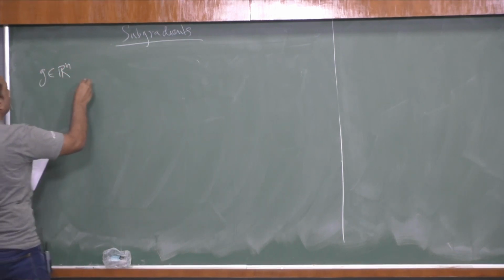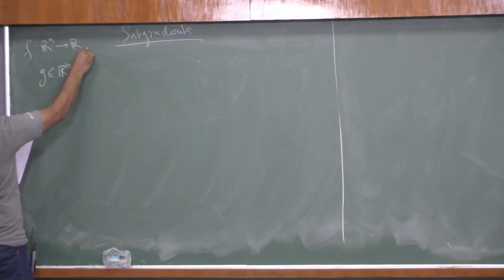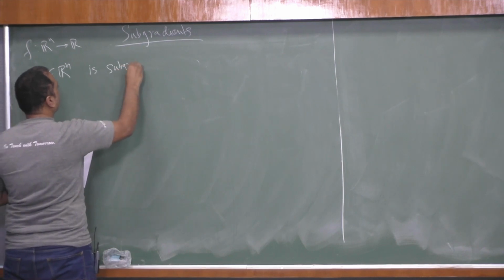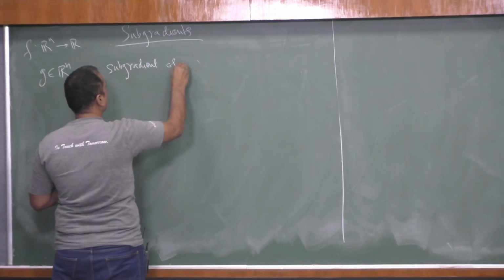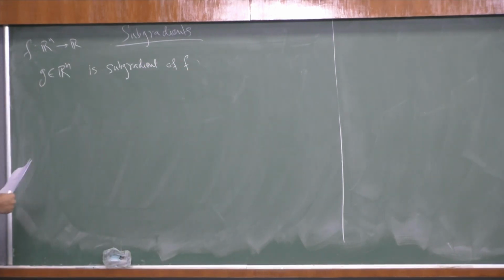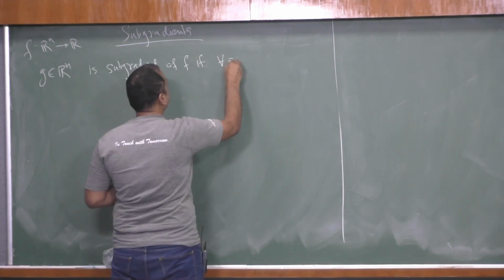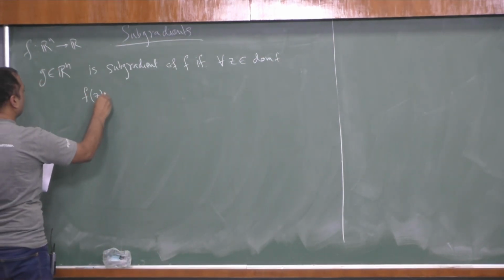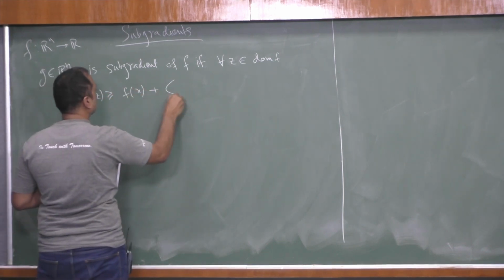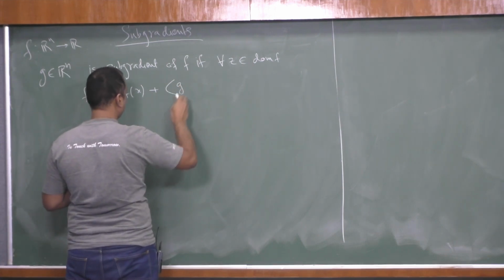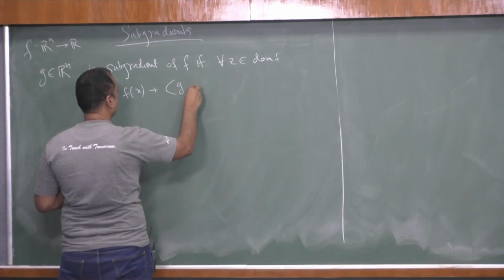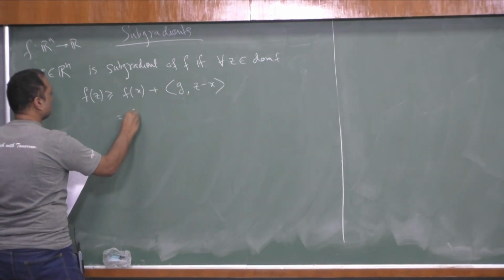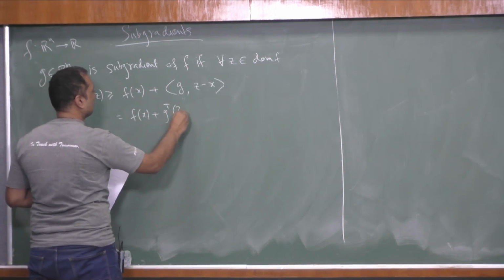Let us say the function is f from Rn to R. We define a vector g in Rn to be a subgradient of f if, for all z in the domain of f, it satisfies the following inequality: f(z) is greater than or equal to f(x) plus g transpose (z minus x).